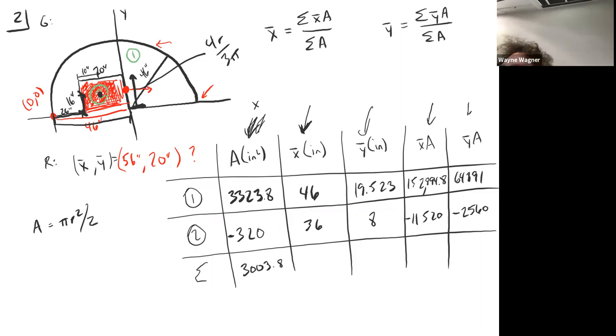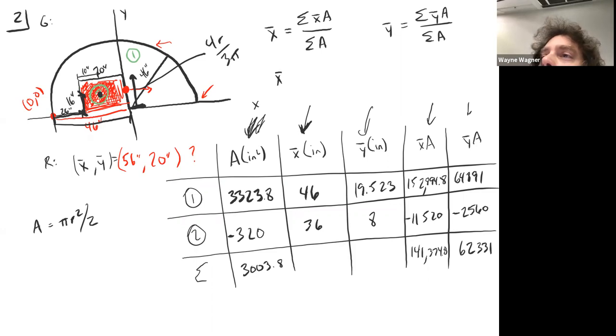And then X bar A is going to be 152,894.8 minus 11,520 equals 141,374.8. It's kind of too many sig figs, but it doesn't matter. And then 64,891 minus 2,560 equals 62,331.